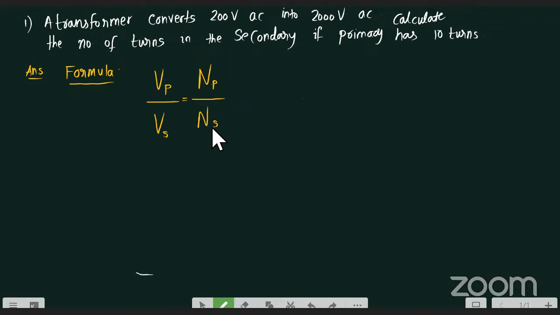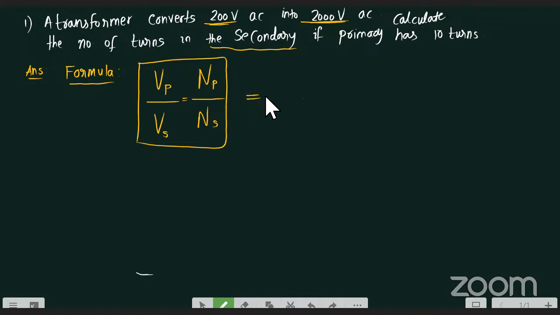What is given? A transformer converts 200 volts to 2000 volts AC, and we are asked to calculate the secondary turns, whereas the primary turns given are 10. So let us substitute the values. Here I am supposed to find the secondary turns, so I can write the formula as number of secondary turns equals number of primary turns into secondary voltage divided by primary voltage.